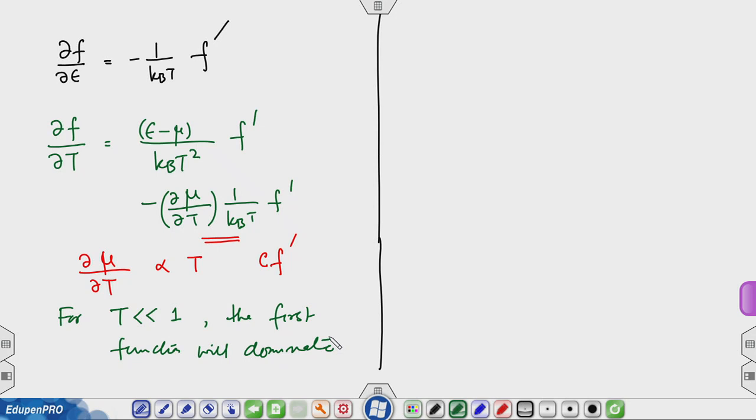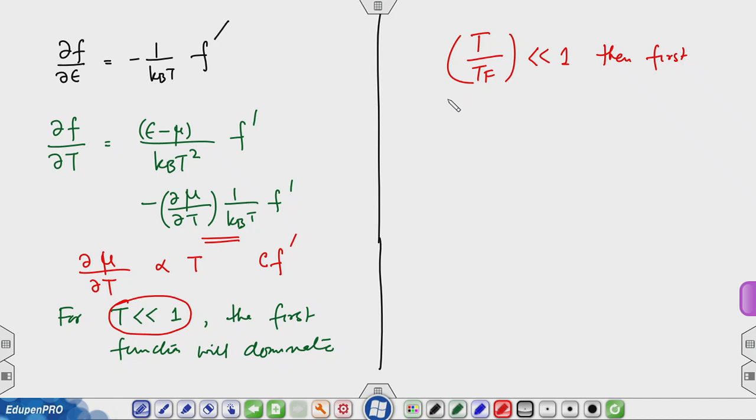Actually, I am not comparing t and 1. We should compare t over tf. If this is much less than 1, then the first term will dominate, and I want you to check that.